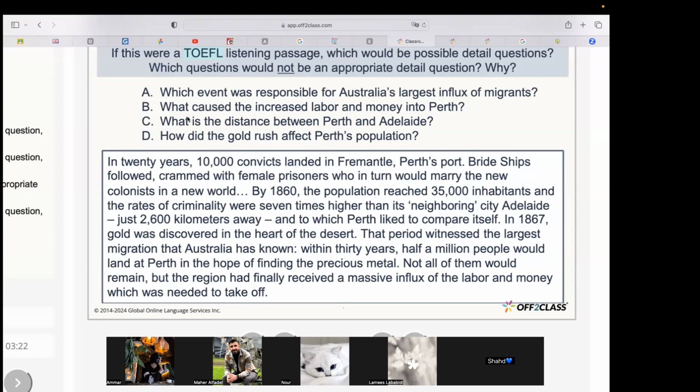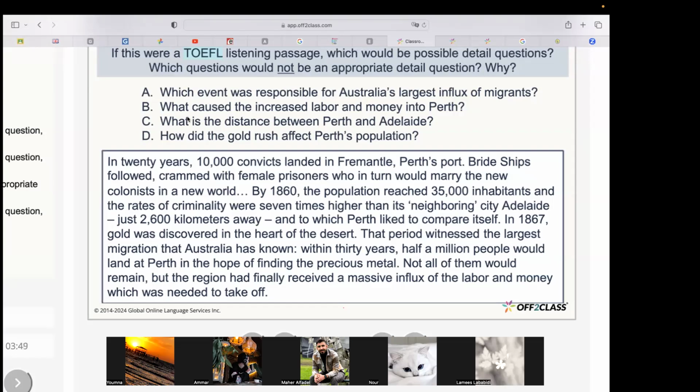So, how did the gold rush affect Perth's population? How did it affect the population? The population reached 35,000 inhabitants, and the rates of criminality were 7 times higher.